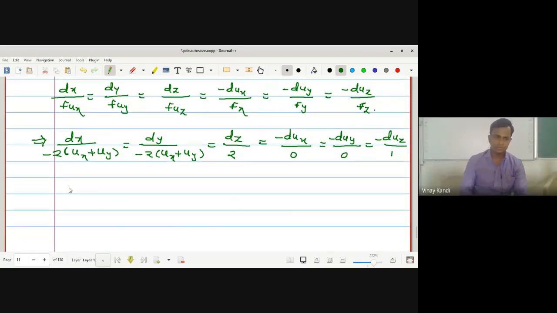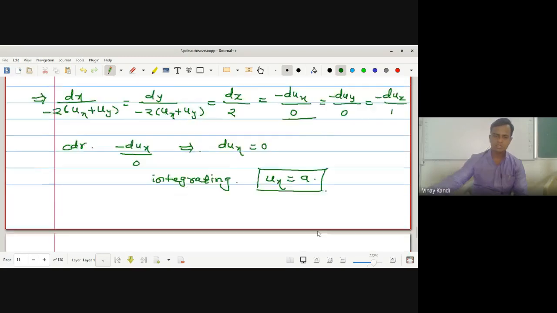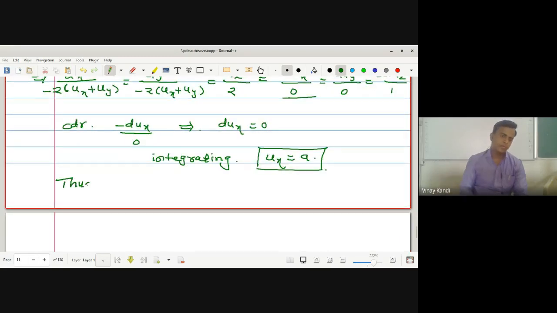Now consider this one: dux upon 0, which implies that dux is equal to 0. Now integrating, we get ux equals the integration constant a. So this is the value of ux. Thus, in the theorem we have seen that h1 is the partial differential equation compatible with f.